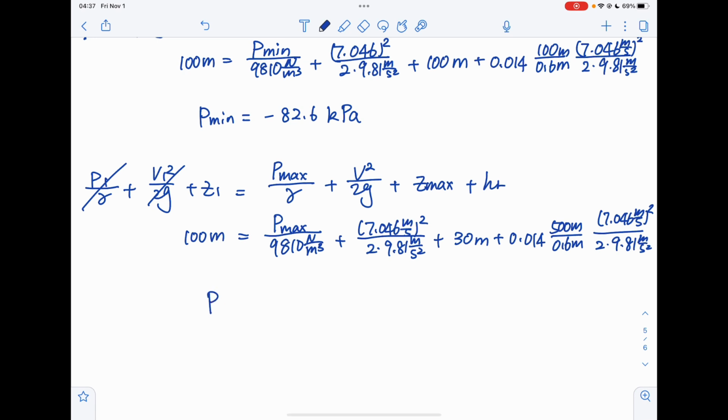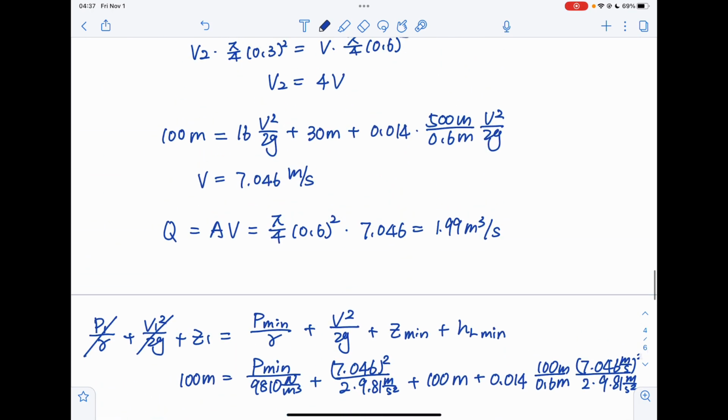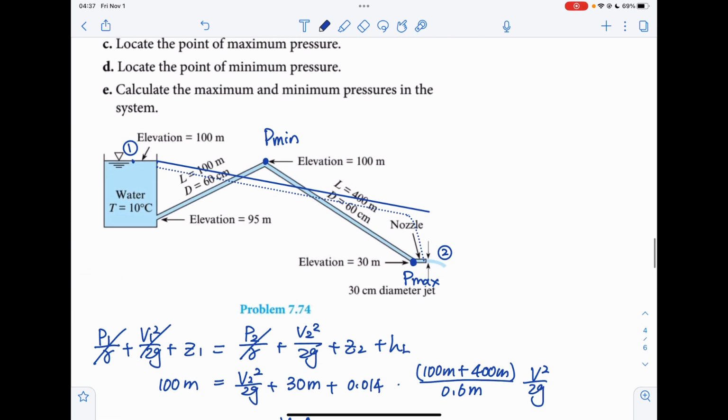So P maximum equals 107 kilopascal. And if you compare the value and convert it to head terms, it will actually be larger than the water surface difference between here and here.